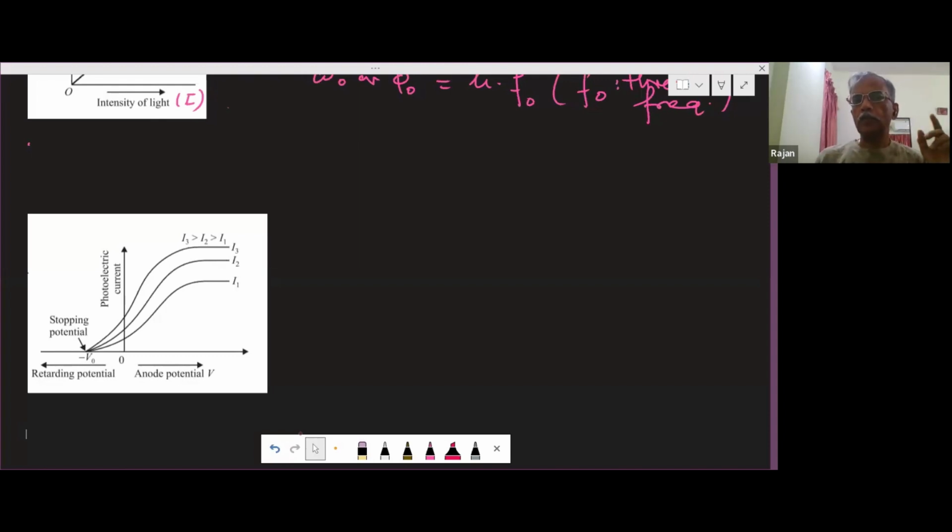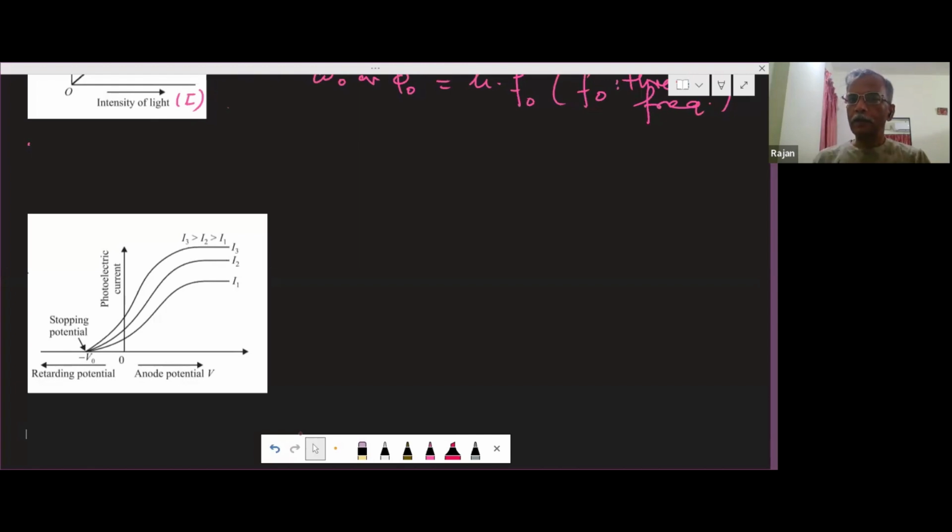That is one observation. Why so? Because it has more number of photons. If the intensity of the incident radiation is more, it will have more photons. It means that it is going to liberate more photoelectrons out of the cathode surface. Am I right? And hence more photoelectric current. Yes or no? So that is what is happening here.